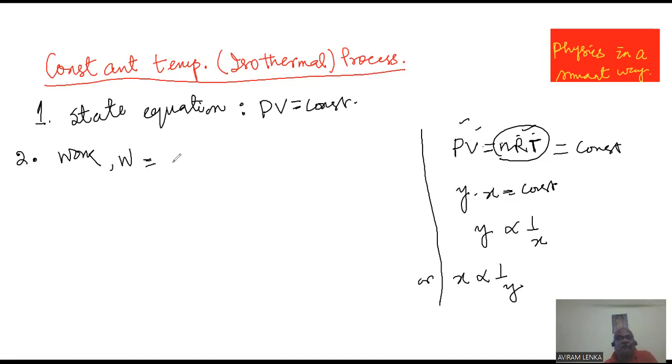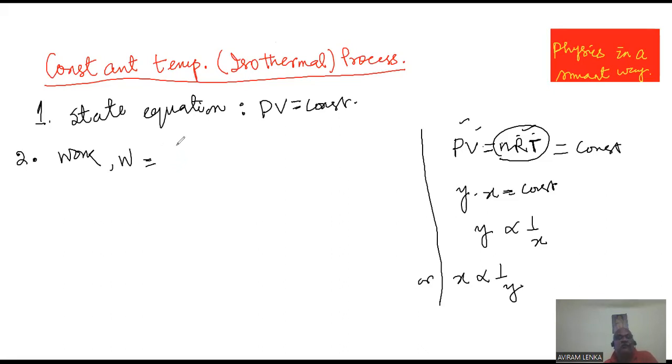So here we got the work done. And here we cannot write that it is equal to P delta V. P delta V will be wrong. There is an alternative formula for work, that is the work when a variable force is there.